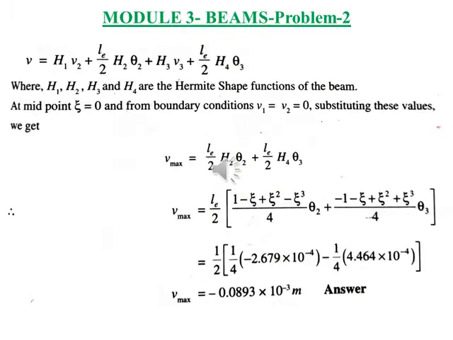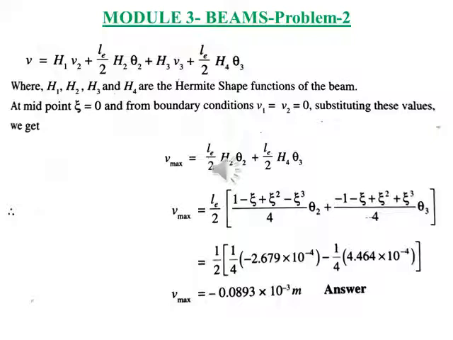So mu is equal to h1 into mu2 plus half le h2 theta 2 plus h3 mu3 plus half le h4 theta 3. So h1, h2, h3 and h4 are the Hermite shape functions of the beam, and at midpoint mu is equal to 0, and from the boundary conditions at midpoint zeta is equal to 0, and from the boundary conditions mu1 mu2 is equal to 0.